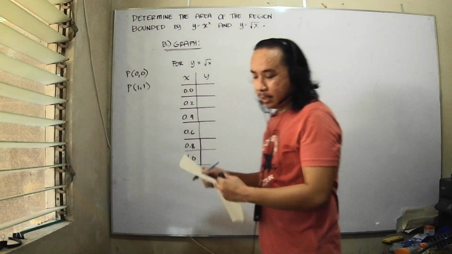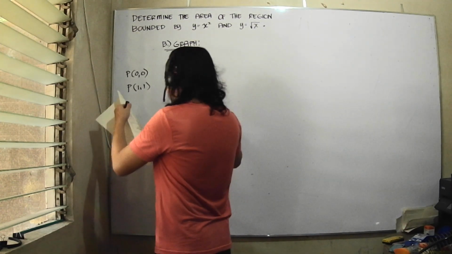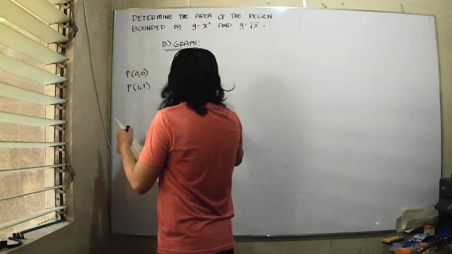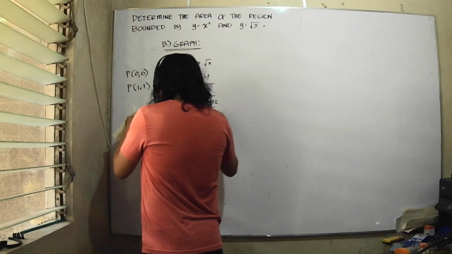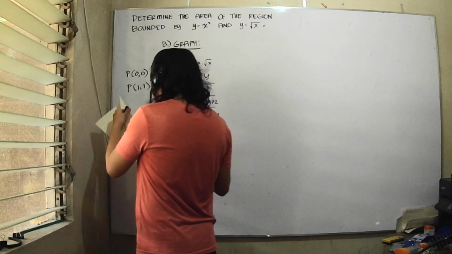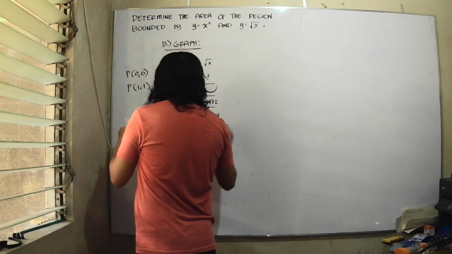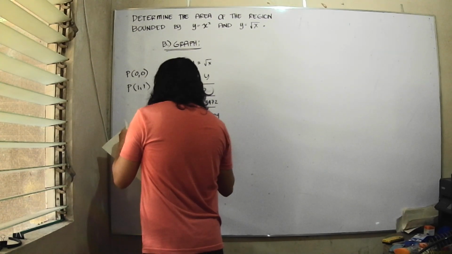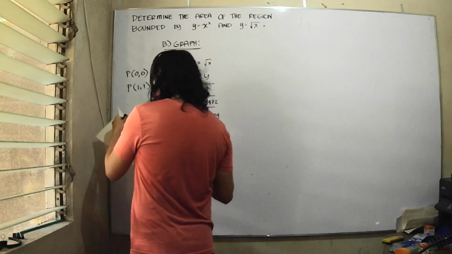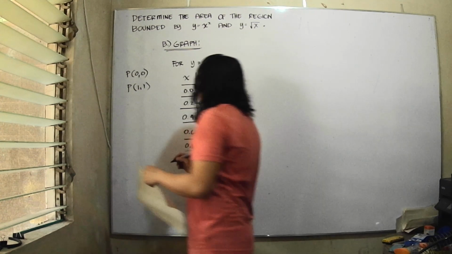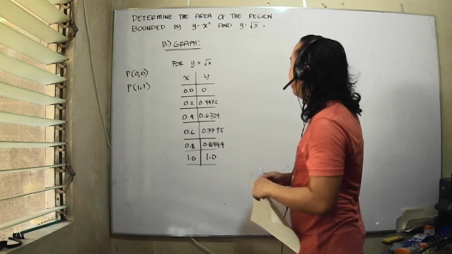In the table, the values that come out are 0, 0.4472, 0.6324, 0.7745, 0.8944, and then 1.0.